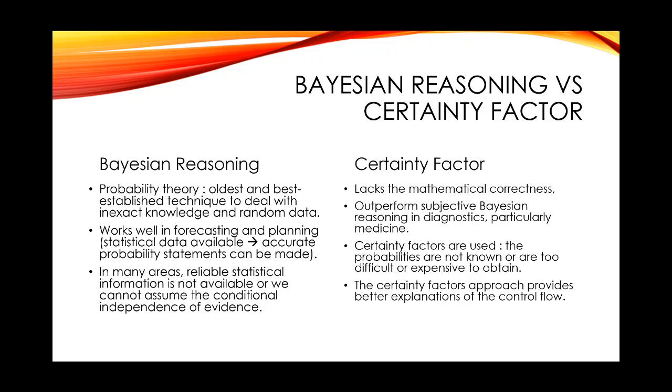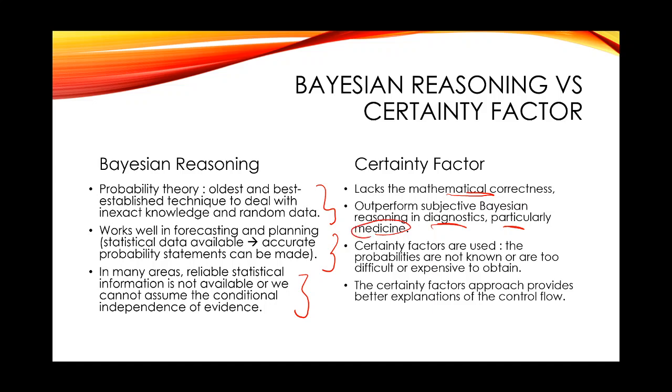In Bayesian reasoning, it is probability theory. But in certainty factor, it lacks mathematical correctness because it uses expert knowledge. But it outperformed subjective Bayesian reasoning in terms of diagnosis, particularly when dealing with the medical area.